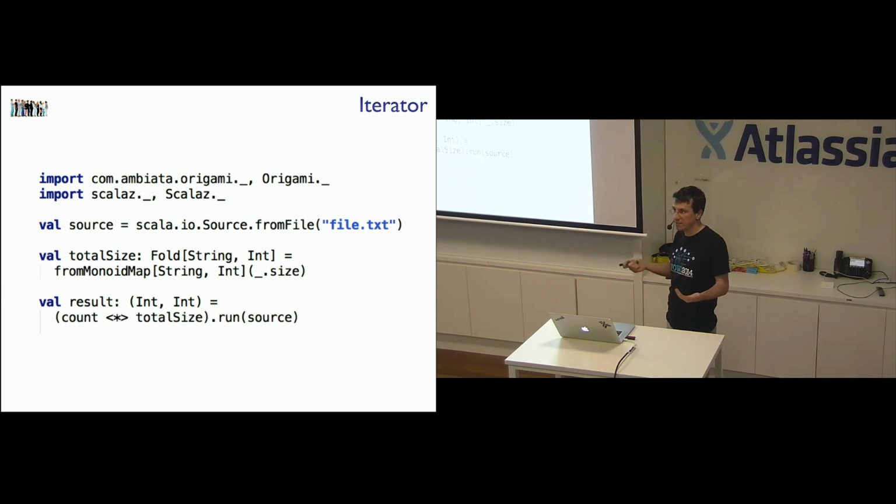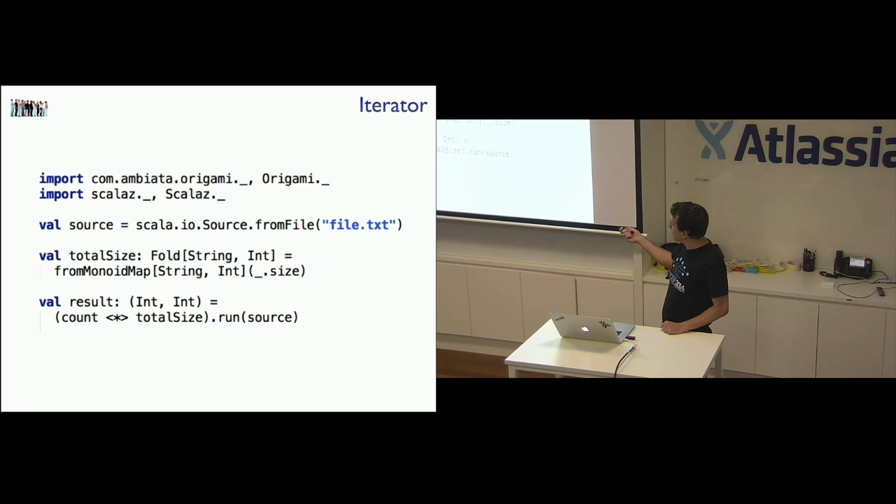So this is nice. That's basically rewriting the example we had with the for loop. And now I have two of my goals: I have reuse of one fold out of the library, and I have composition. I can easily add new computations on top to get what I want.